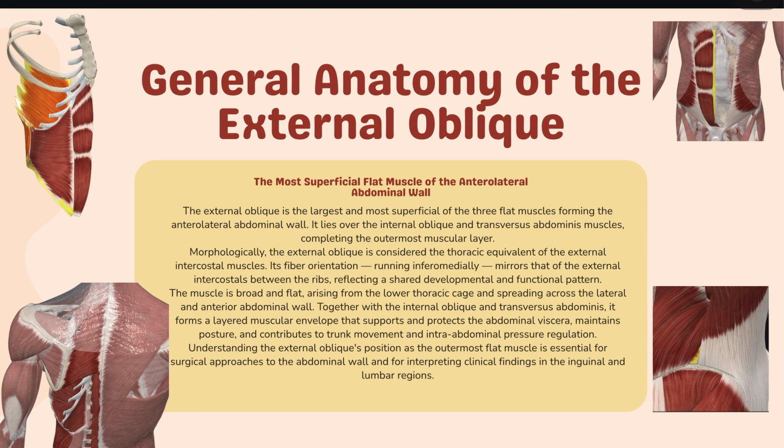This muscle is broad and flat, arising from the lower thoracic cage, spreading across the lateral and anterior abdominal wall. Together with the internal oblique and transversus abdominis, it forms a layered muscular envelope that supports and protects the abdominal viscera, maintains posture, and contributes to movement and intra-abdominal pressure.